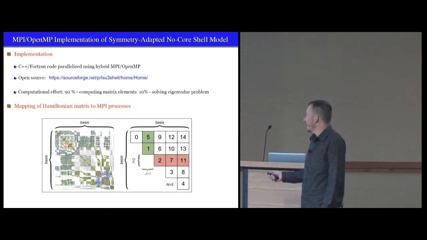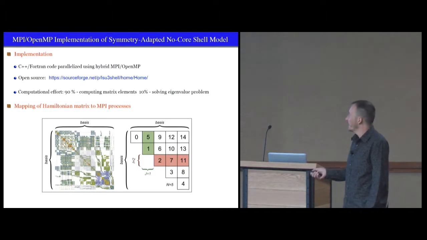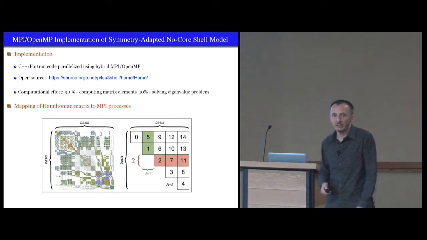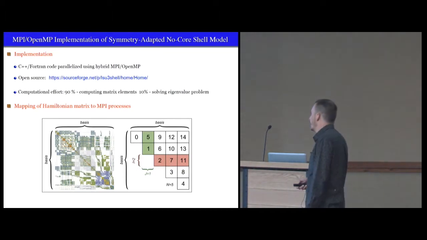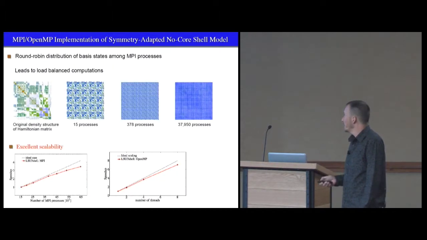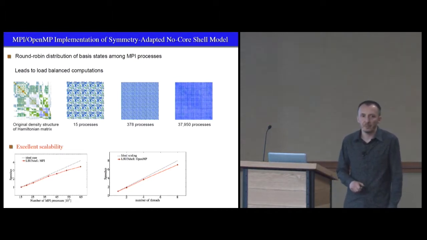And here is the way that we map MPI processes to the Hamiltonian. If you just start with this matrix, you would find that the distribution of non-zero matrix elements is not uniform, and therefore you would end up with uneven computations, which is not well load balanced. So what we do is use round-robin distribution of basis states among MPI processes.